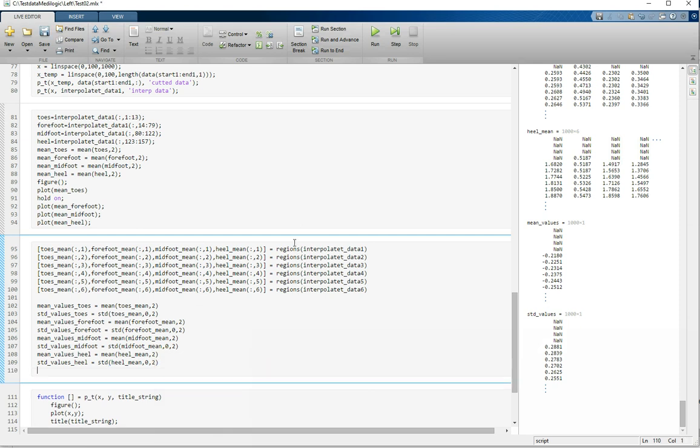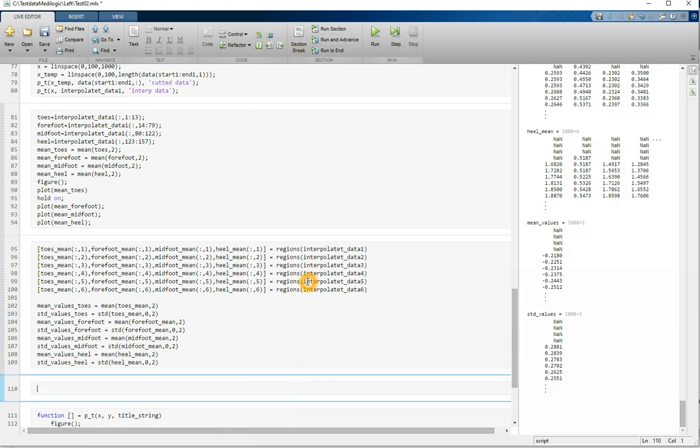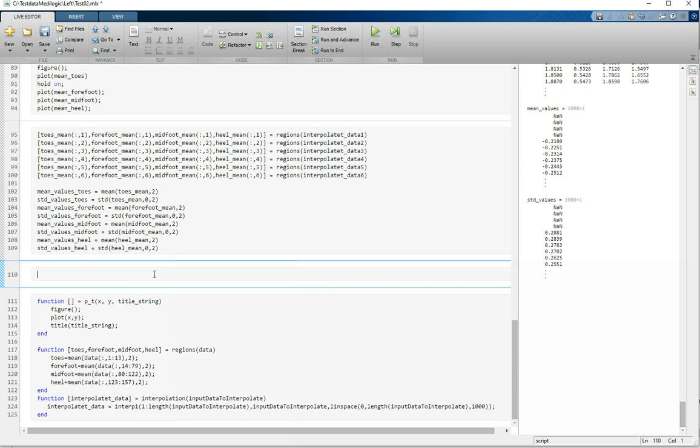Okay, I am now including a section break for the last part, to plot the data which we've now built. So we have the mean and standard deviation from each region, so everything is done. What we now need is to prepare the data, especially the standard deviation, to plot it.